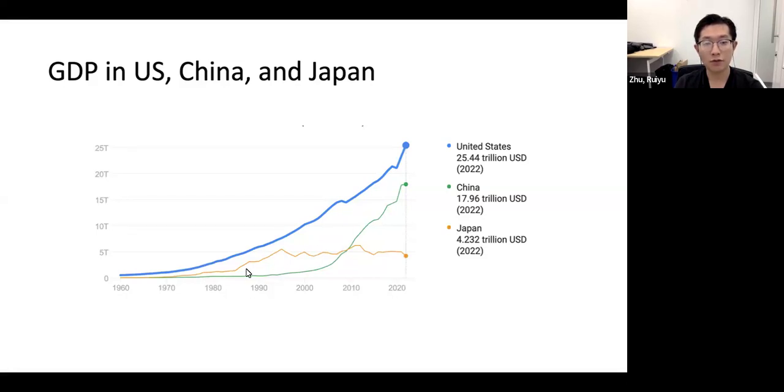Japan's economy took off very early, but after the 1990s, it stayed quite stable. People call that the lost decades in Japan because they lost growth for 20 or 30 years.